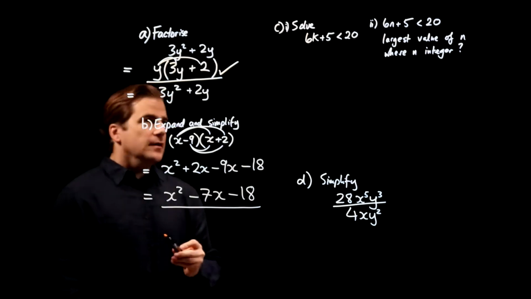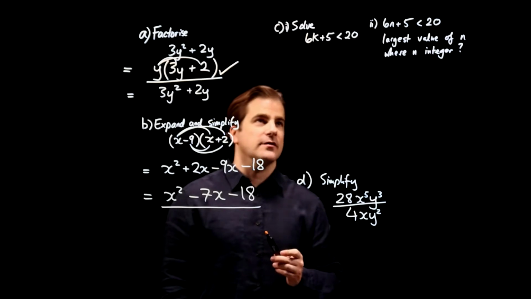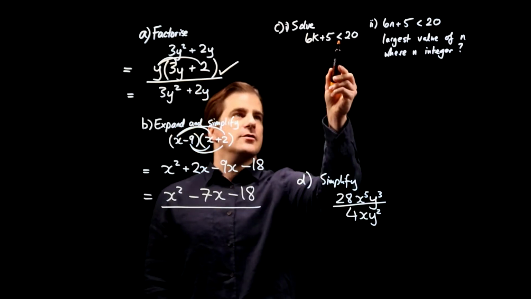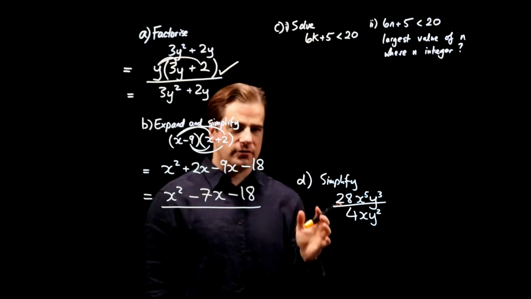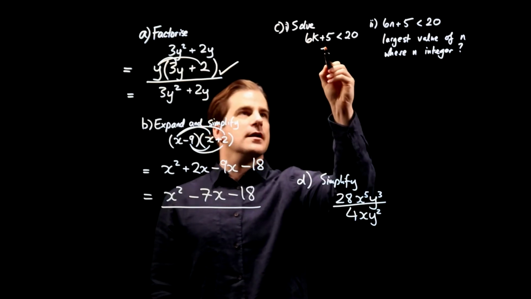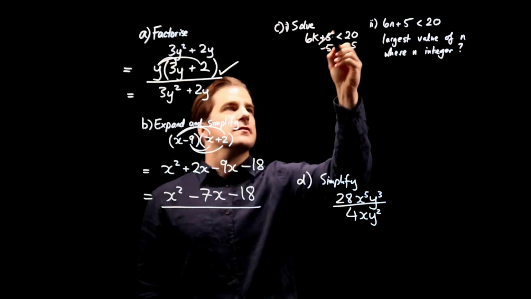Okay. C, part 1. Solve 6k plus 5 is less than 20. Okay. You can treat the inequality sign like an equals sign, mostly. So, let's subtract 5 from both sides. There you go.